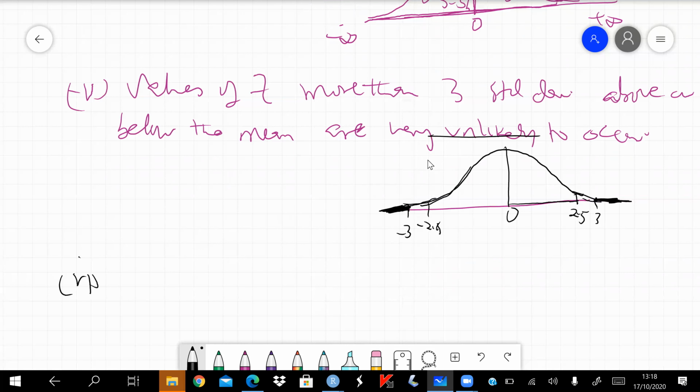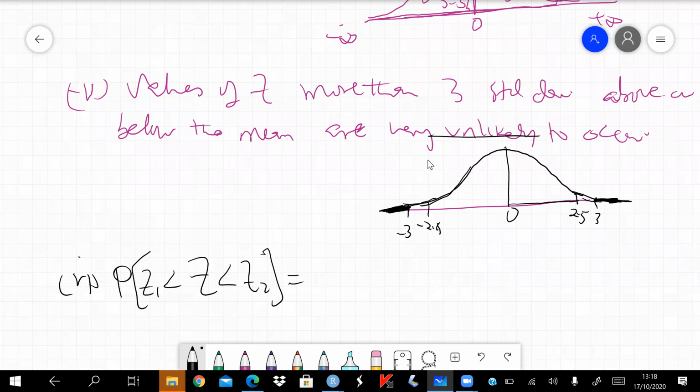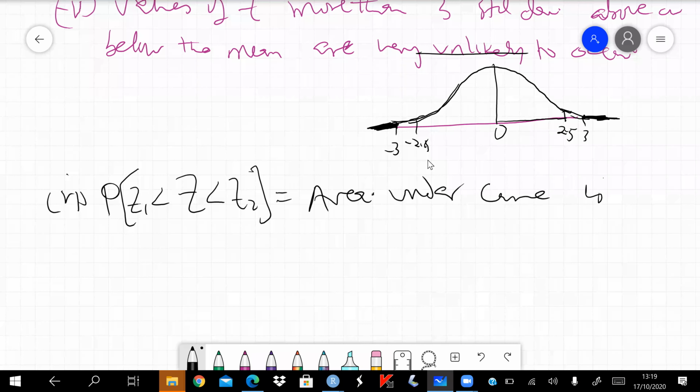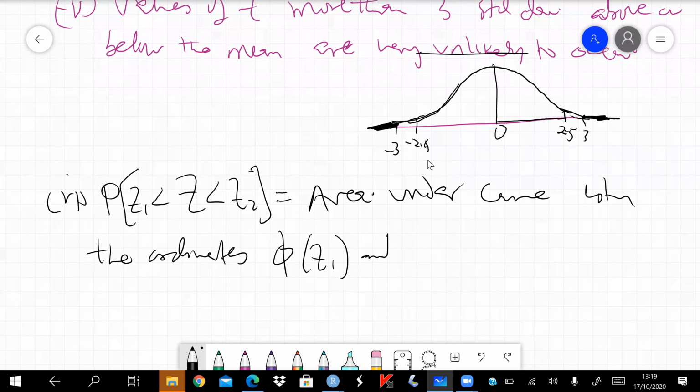So we compute the probability that Z is greater than Z1 and less than Z2, given by the area under the standard normal curve between the ordinates phi of Z1 and phi of Z2.